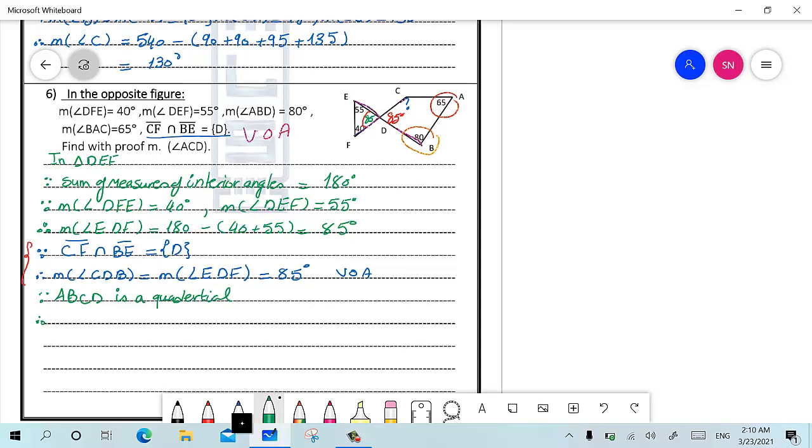Since it's a quadrilateral, therefore the sum of interior angles equals n minus 2 times 180, equals 4 minus 2 times 180, equals 360 degrees. So the sum of the four angles is equal to 360 degrees.